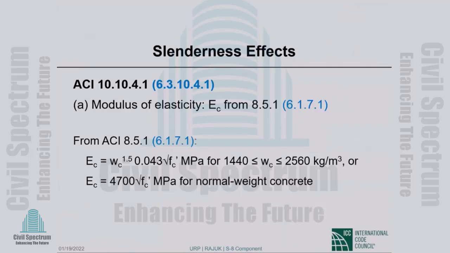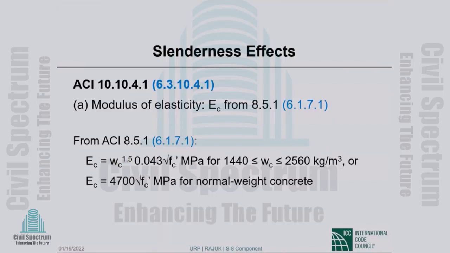Okay, stiffness is EI. The E part is the modulus of elasticity of concrete as given in 8.5.1 of ACI 318. So this is the expression. It includes the unit weight of the concrete. In your units, it's 2,400 kilograms per meter cubed.